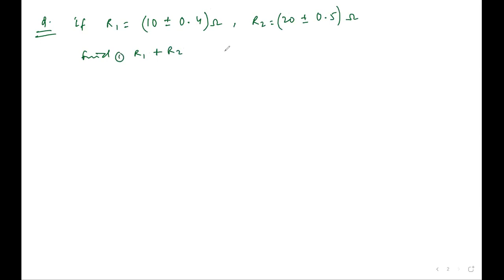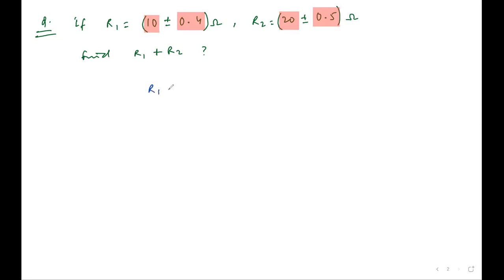First part. It means you have to combine true value as well as error. According to the question, we have this part as true value and this part as error. This part as true value and this part as error.